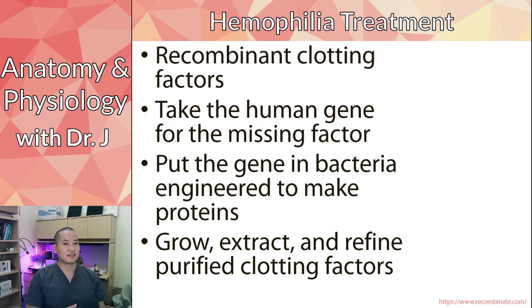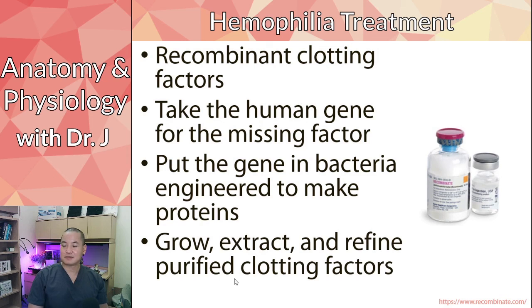We can make purified extracts of this protein so that these people can make up for the deficiency. So people who have hemophilia can have these recombinant vials of the factor they're missing, in case they do end up bleeding. So it is biotechnology, and a very useful and life-saving use of this biotechnology.